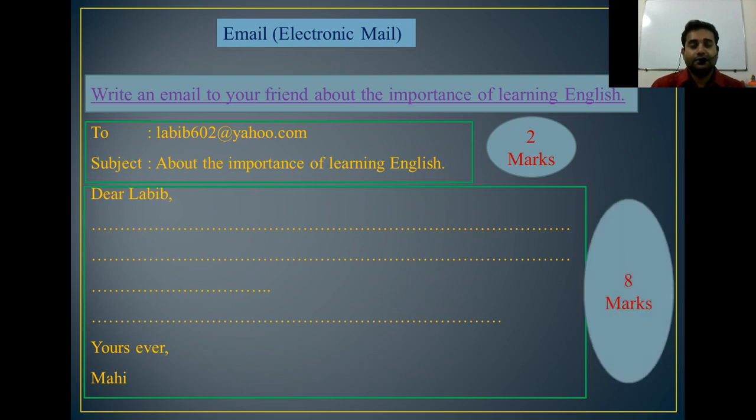So think very carefully that the address bar is bearing 2 marks and the body part is bearing 8 marks. These two parts make 10 marks. So if you make a mistake in the address bar, then at first the 2 marks will be deducted, and then the body part will be counted out of 8. Okay.